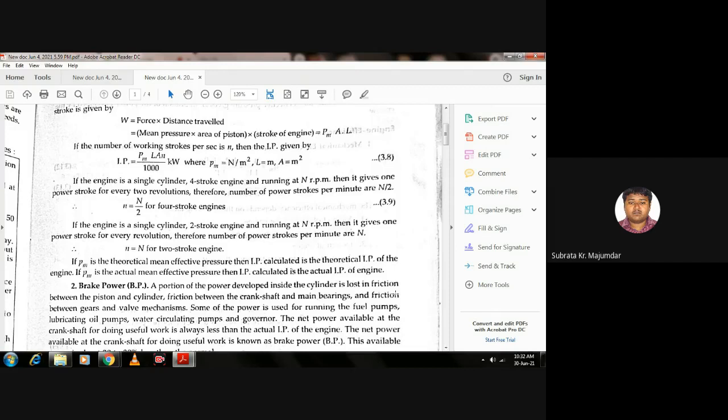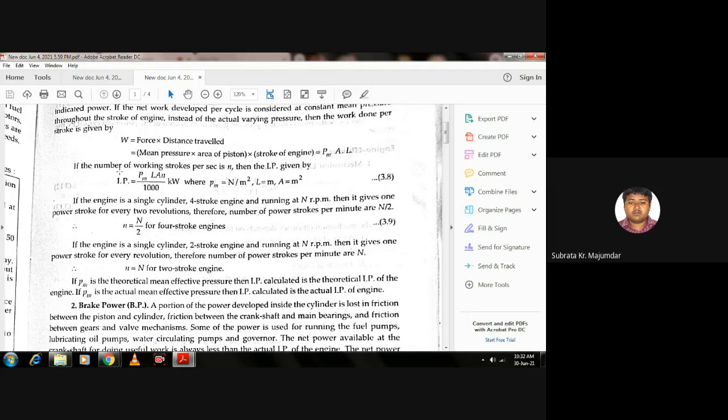If we use the actual mean effective pressure, then this indicated power is known as the actual indicated power of the engine.